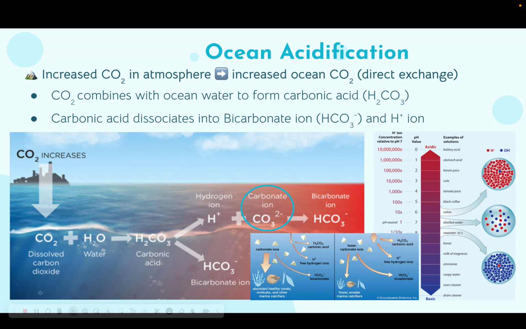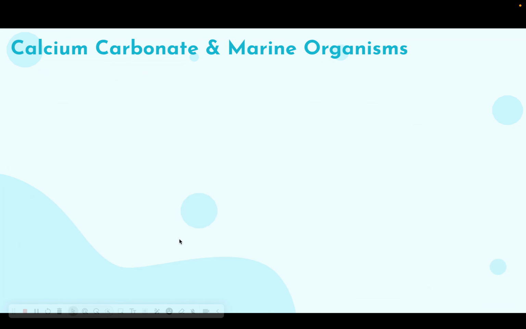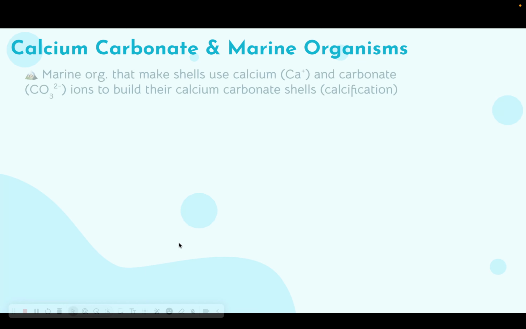So any marine calcifier that needs calcium to make a shell, or to make an exoskeleton, or its shells in general, are going to now be fewer and smaller. All right. And so that is a real problem that definitely impacts the food web, because those organisms tend to also be on lower levels of the food web.